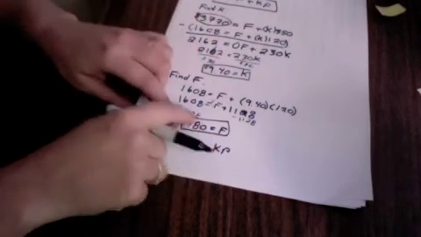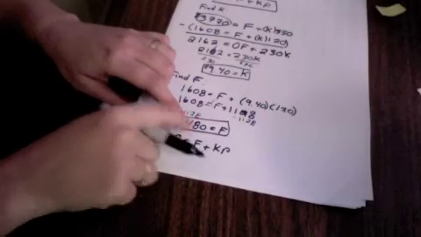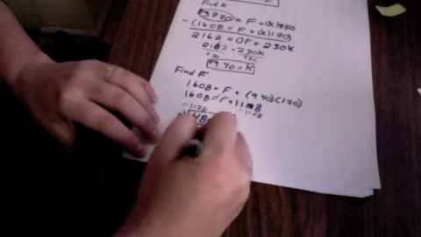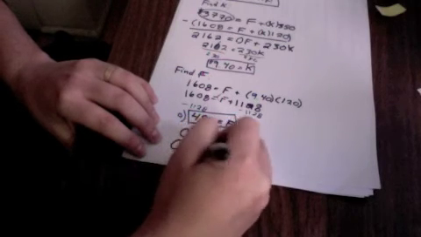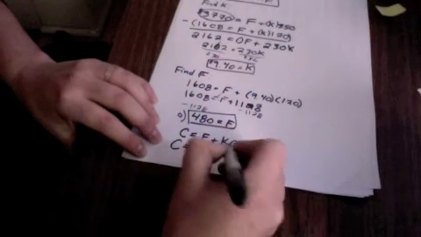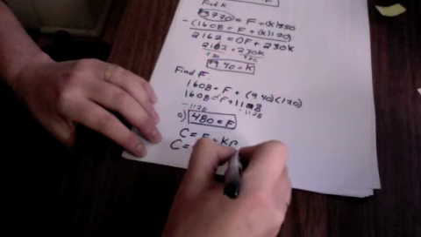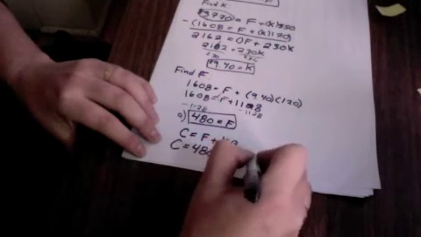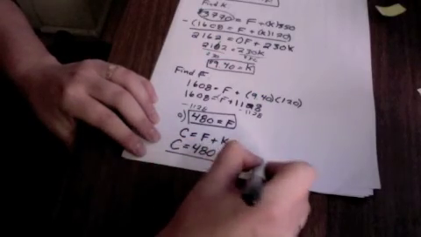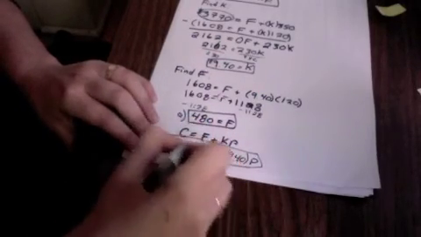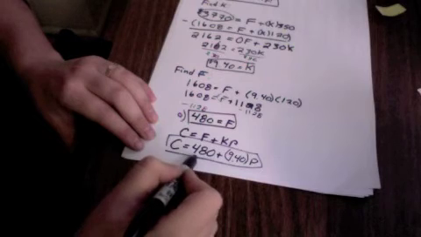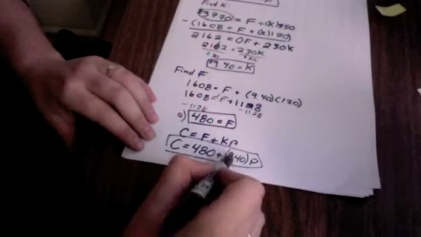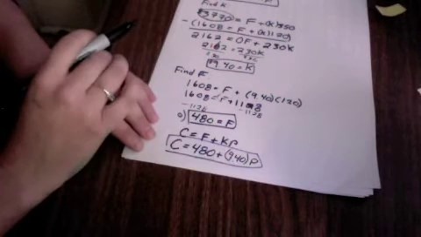And guess what? We know what our F is too. So instead of saying F, we can say 480. So we're going to say C equals $480 plus $9.40 times P. So the total cost of this event is going to be the base price of $480 plus an additional per person charge of $9.40.